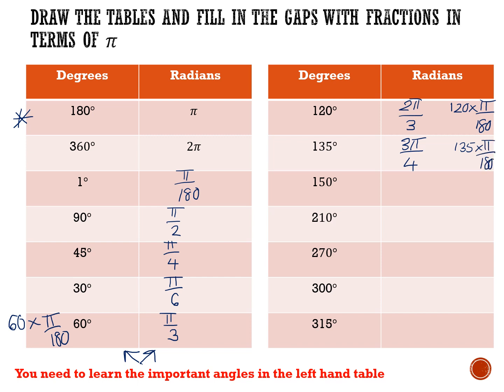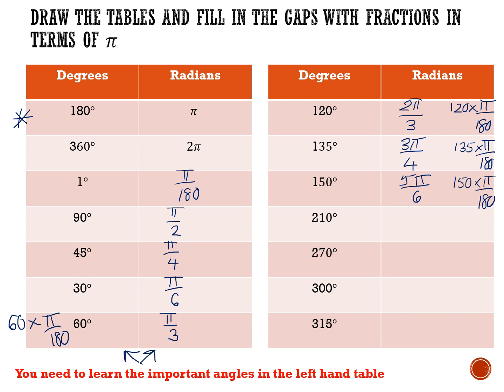Stick that in your calculator and you'll notice when you do 135 over 180 you get 3/4. Okay, 150. Well, 150 is 5 lots of 30, so that's going to give us 5 pi by 6. But again, if you're not sure, 150 times pi over 180 will get you there.